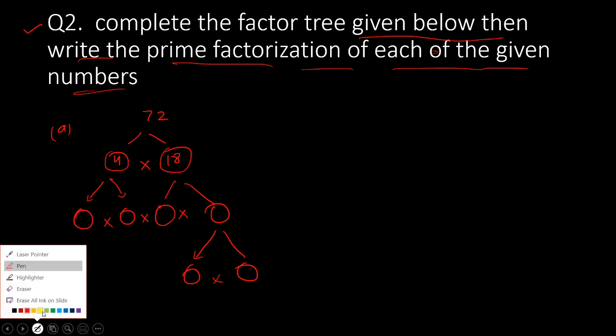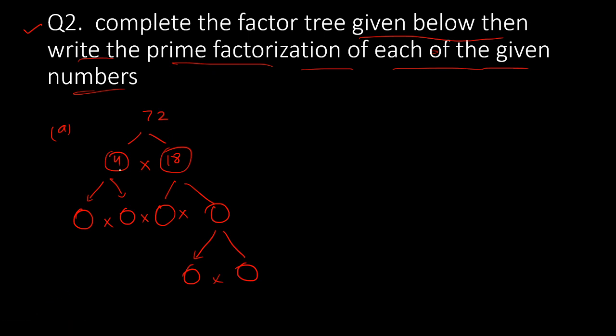So first of all, students, this is called the factor tree. As you can see, 4 into 18 is 72. If you multiply the numbers below, you will get the number which is above in the circles. So what are the factors of 4? Which two numbers multiply to give 4?